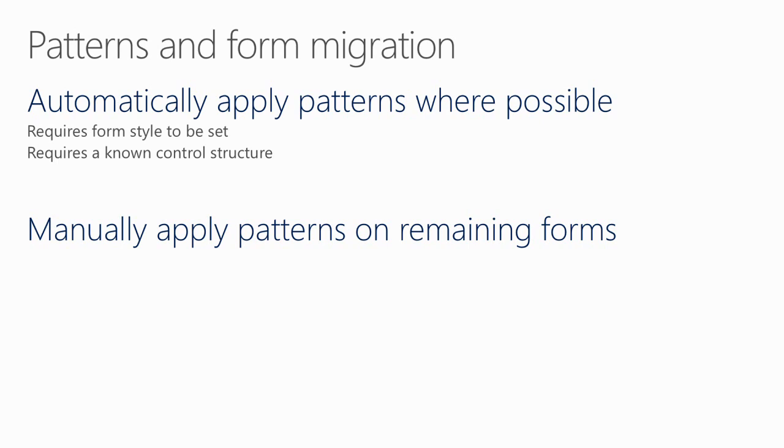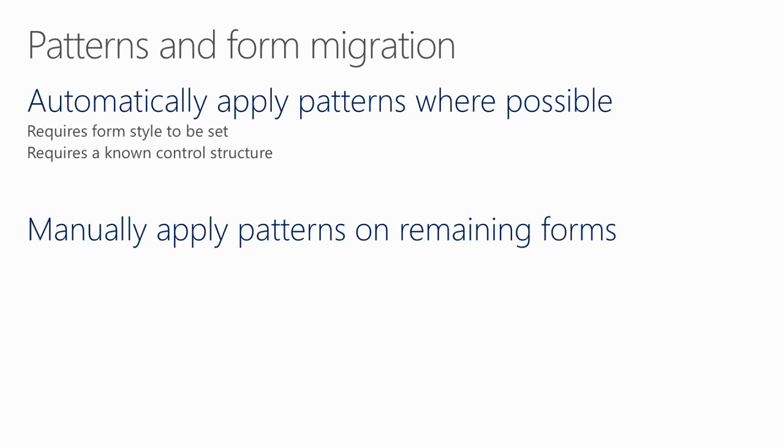The only piece that might be useful is looking to see if you have form style set, because that will get you a long way if your control structures are fine. But even then, if you're having to walk through the forms anyway, it might be simpler just to say, oh, this is the details form, apply, or this is a lookup, this is a simple list. It won't take that much time on the simple forms.